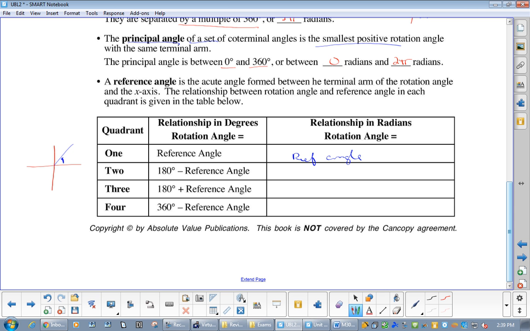It was that angle between the x-axis and the rotation angle. Now, if we were going to do this angle, and if I found the reference, how would I find the rotation? It was 180 minus the reference. Do you remember that? So if we were in radian mode, it wouldn't be 180 minus the reference. It would be pi minus the reference.